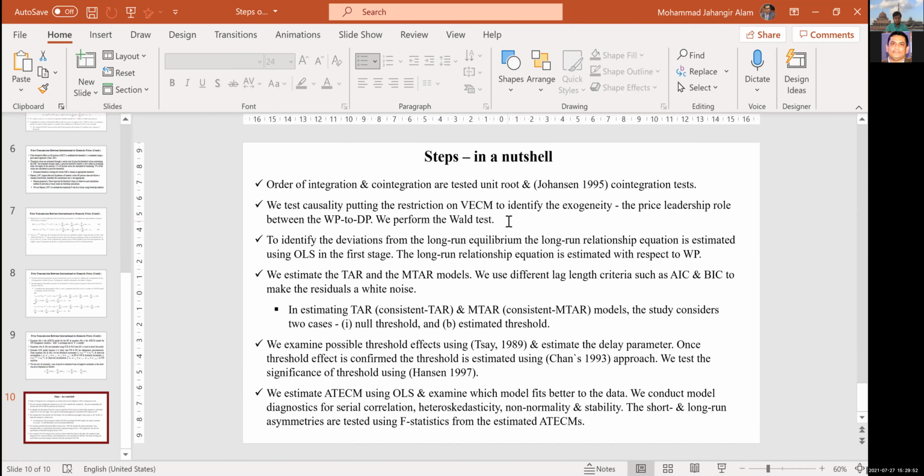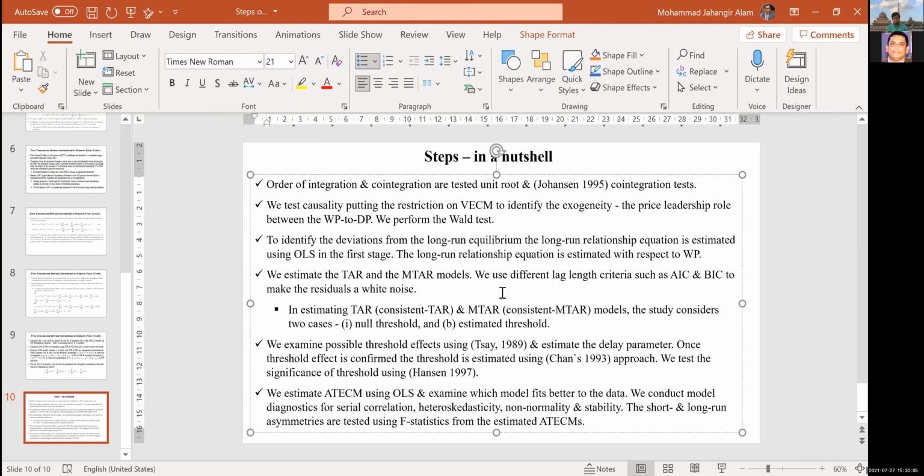Just consider one variable as endogenous, and then estimate the TAR and MTAR models and see which model best fits the data. In our case, the MTAR model, I'm going to show that one. And for identifying which one is best, TAR or MTAR, we use different lag length criteria such as AIC, BIC.